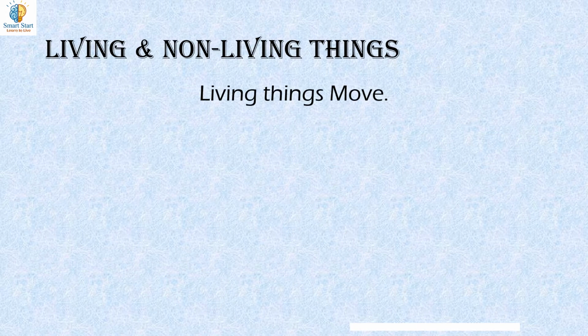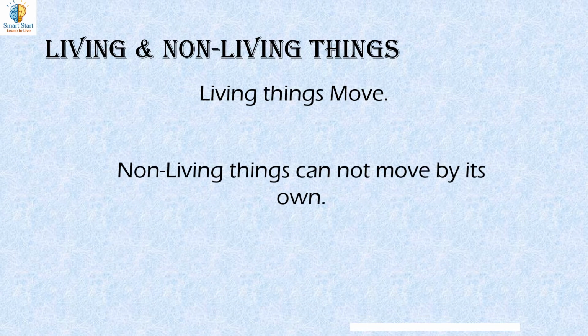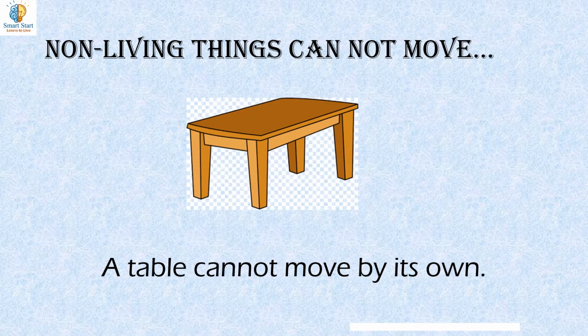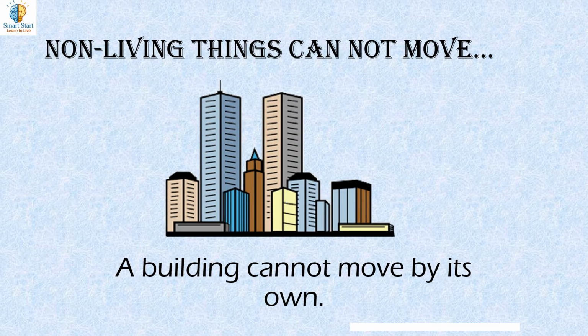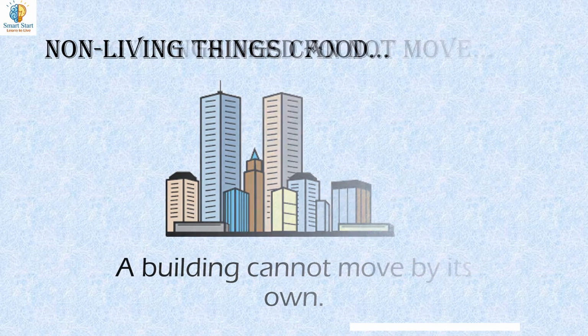Living and non-living things. Living things move. Non-living things cannot move on their own. A table cannot move on its own. A building also cannot move on its own.